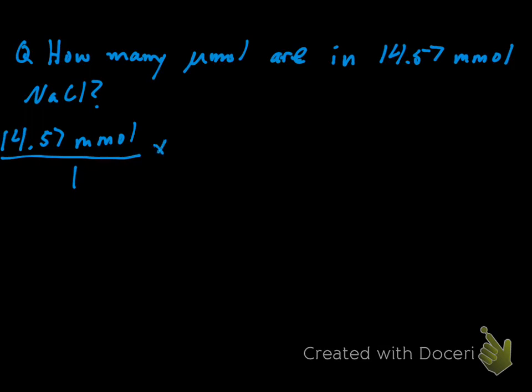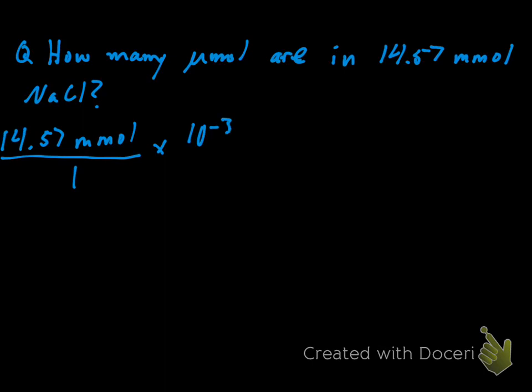And so maybe you know how many micromoles are in a millimole, but let's spell this out to be completely explicit, right? So there are 10 to the minus 6 moles in, oh shoot, we're going from millimoles.